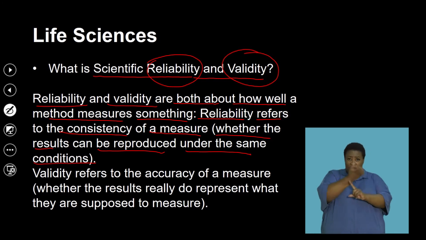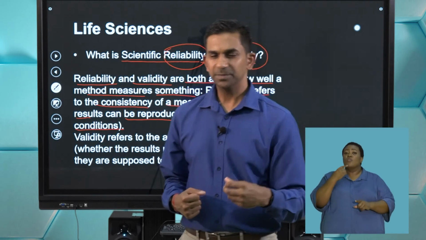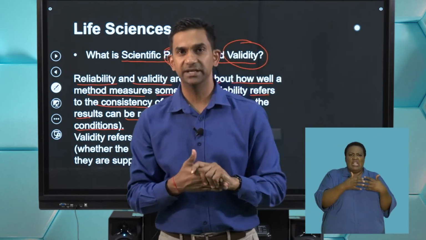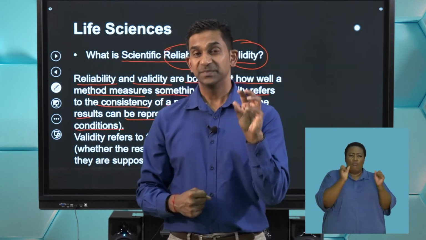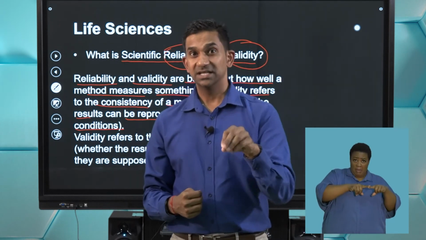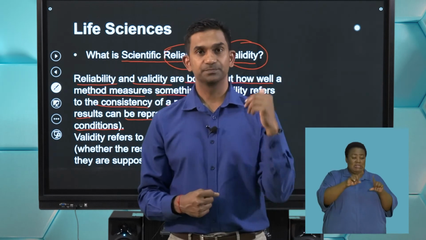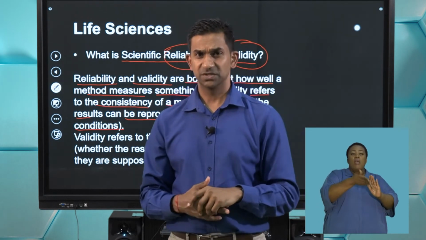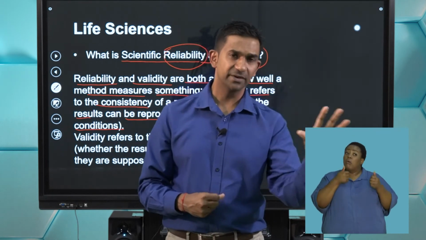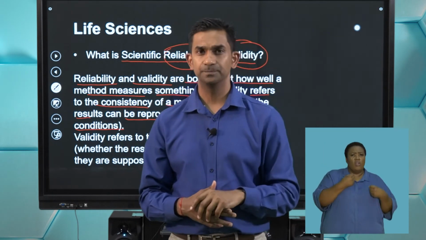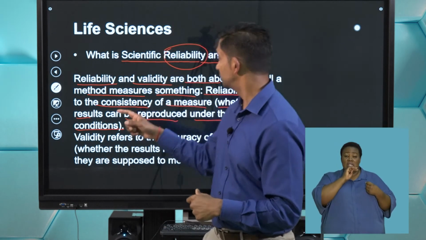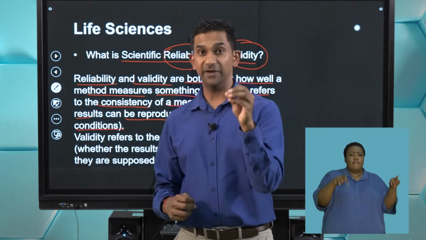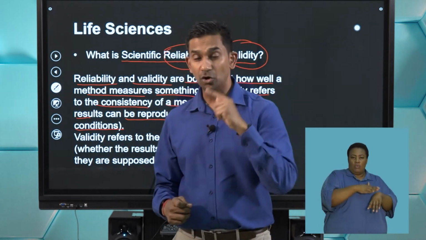So when we talk of something being reliable, if you talk about an appliance being reliable or a brand name being reliable, we often mean that that brand or that product gives you the same results year after year, or it gives you consistency in its performance. So you often hear people saying, well, it's a very reliable brand or it's a reliable car. And that reliability they refer to as being something that is consistent. It gives you the same value for money on a long-term basis.